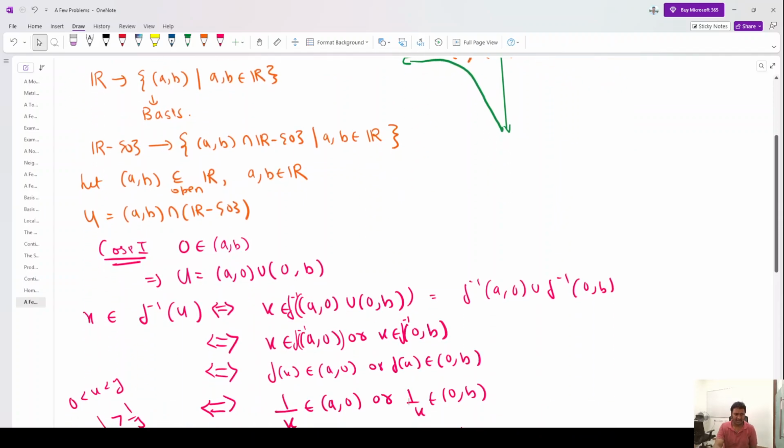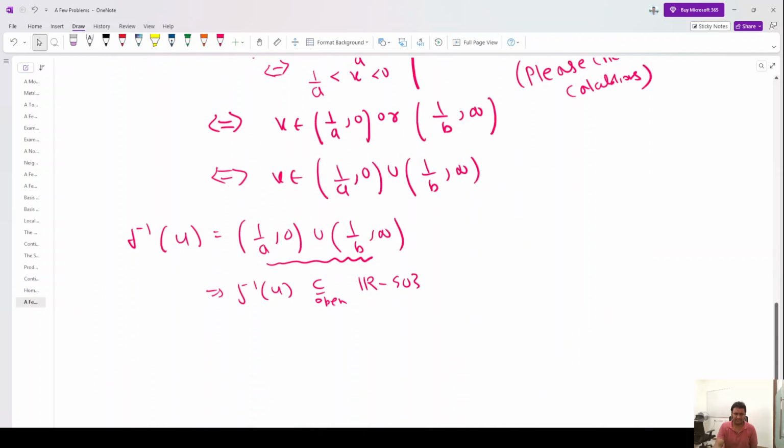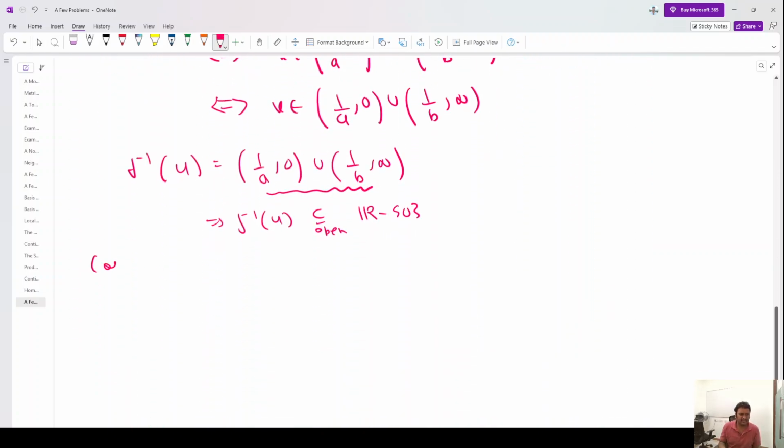Okay, so I will leave case 2 for you. That's pretty much simple: if 0 does not belong to (a, b). Simple because now you have learned how the thing is going on. So this is an exercise.